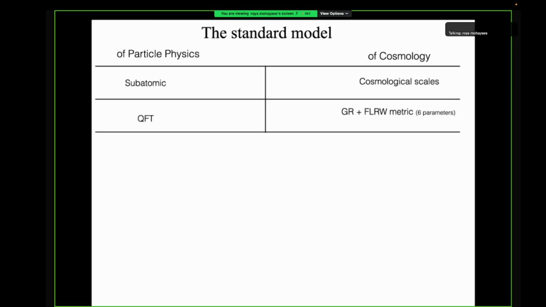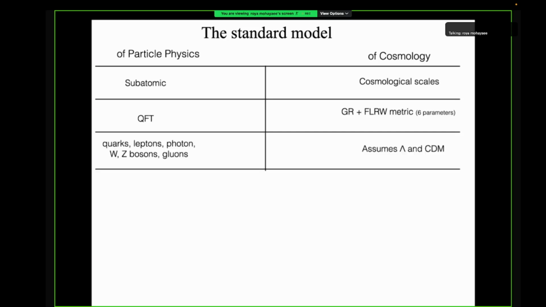It's a 6-parameter model that is called lambda CDM. Again, the standard model of particle physics is based on the particles that have been detected, predicted by this model: the quarks, leptons, photons, W and Z bosons, and gluons. The standard model of cosmology is based on the assumption of lambda and cold dark matter. That is why it's called lambda CDM.